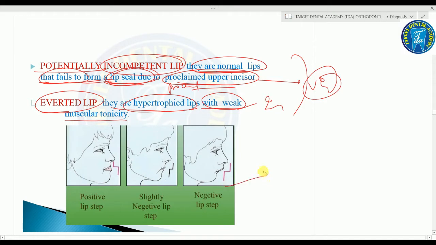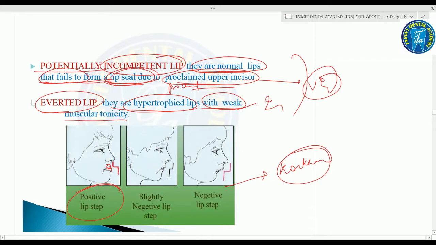So this is the lip step, which was given by Korkos. In this, a positive lip step is normal: the lower lip is slightly forward of your upper lip. Next is the negative lip step.